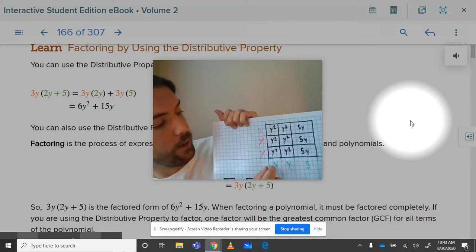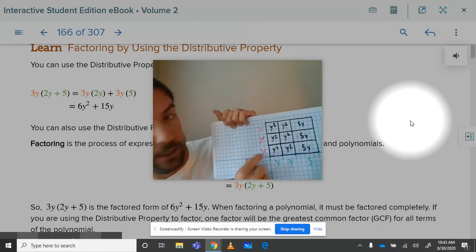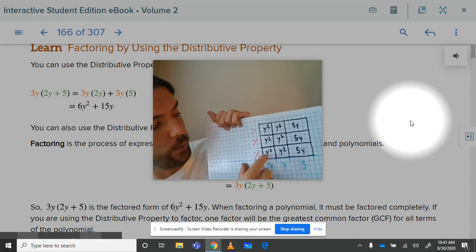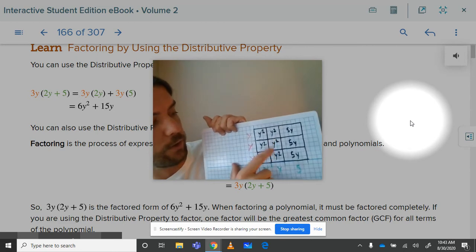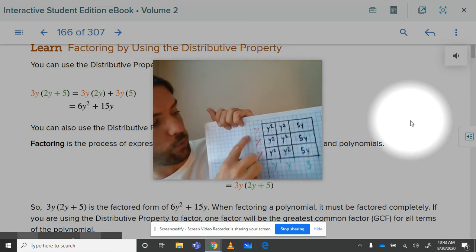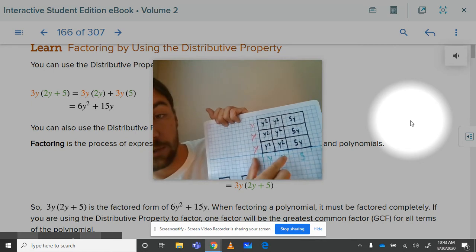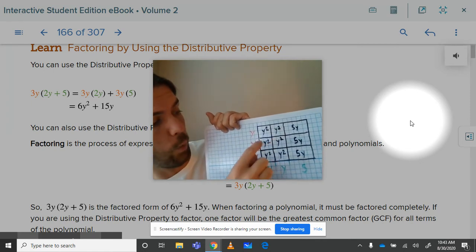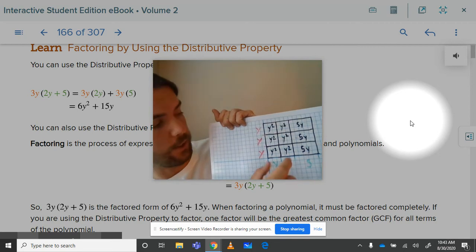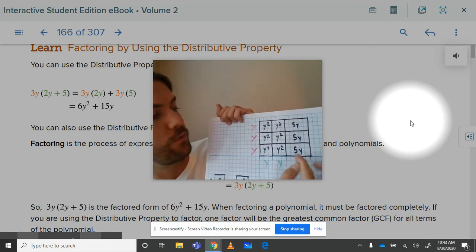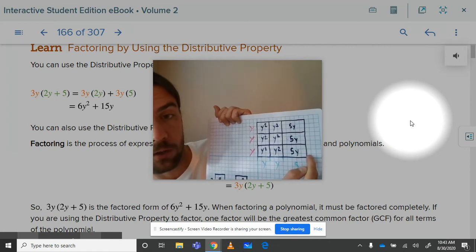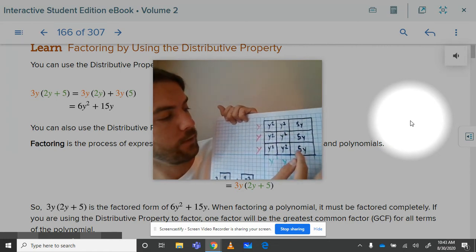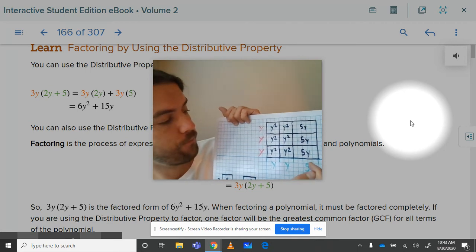So if we have 3y times (2y plus 5), in this bottom corner, y times y, we get a y squared. We also get the length of y times the length of y here, another y squared, another, and all together, these 3 y's times these 2 y's gave us 6 y squared boxes. We also have this 5 over here, so each of these rectangles is 5 across and y tall, so 5 times y is 5y.